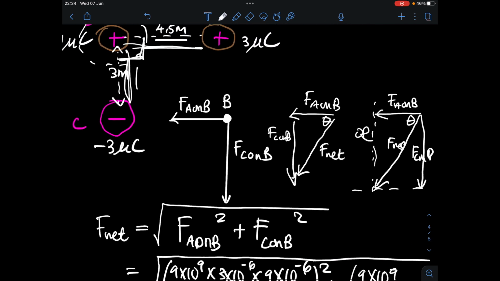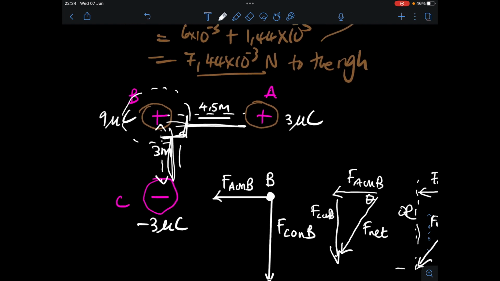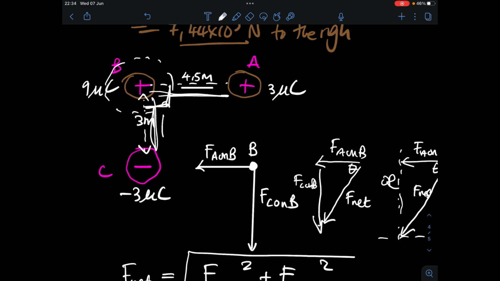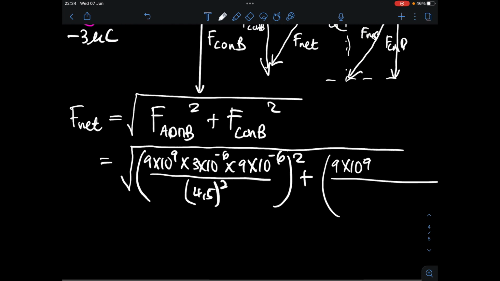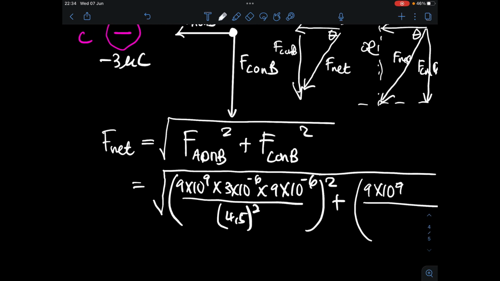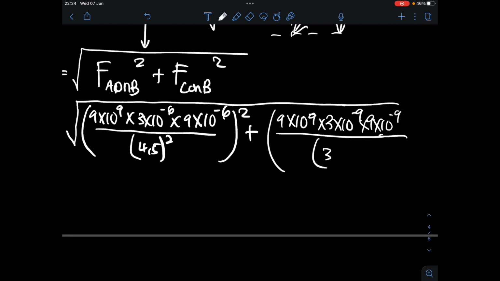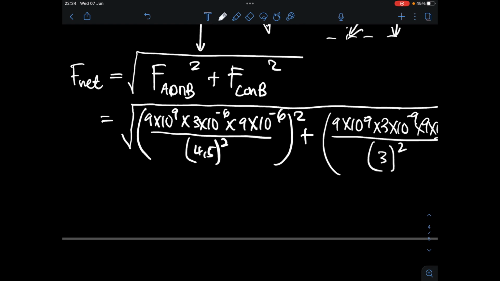This is the force between A and B. Now the force of C on B: it's 3 and 9 again for the charges, but the difference is the distance, which is 3 meters, squared. And then you punch that in the calculator.